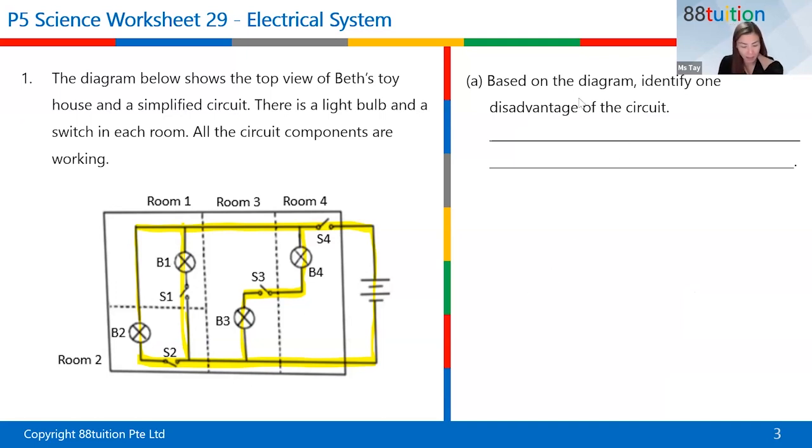Based on the diagram, identify one disadvantage of the circuit. Let me see whether you all could identify or not. Okay, I can actually see your answers. I downloaded your answers from the portal. So I have the answers here.